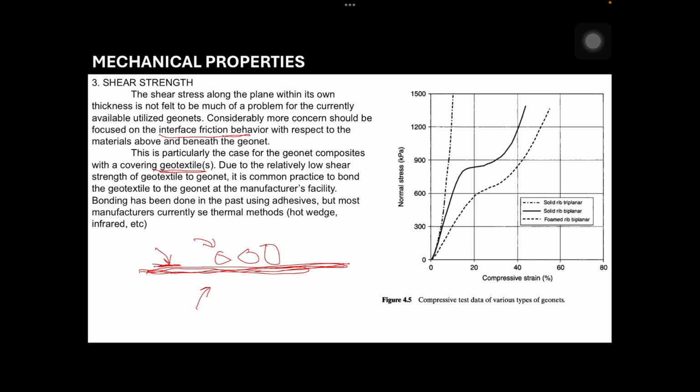Due to the relatively low shear strength of geotextile to geonet, it is common practice to bond the geotextile to the geonet at the manufacturer's facility. So you can put a geotextile here and another geotextile there, GTX and GTX, or sometimes a combination of GTX here and geomembrane there, or geomembrane on both sides. So it depends on the application.